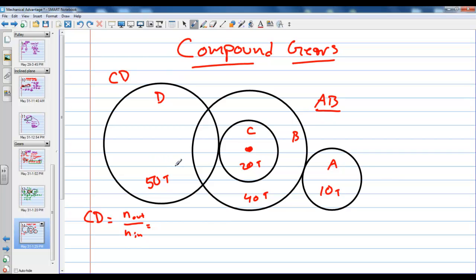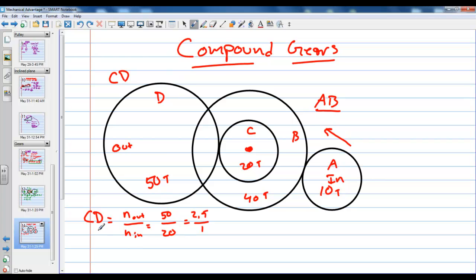Where's our input here? Looks like this is our input and everything's going that way, so that makes this an output. Okay, so D is our output, so we have 50 over 20. Okay, and that gives us 2.5 over 1 for our gear ratio of C and D.